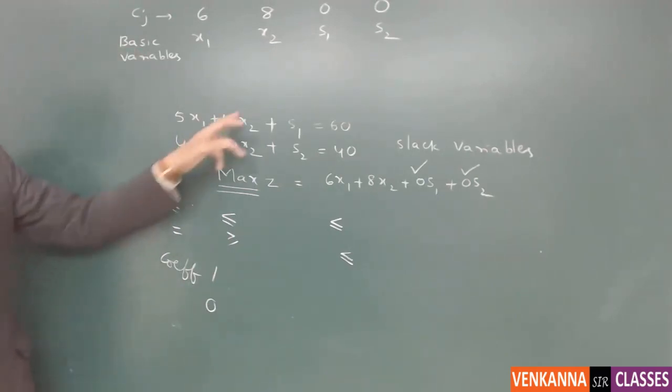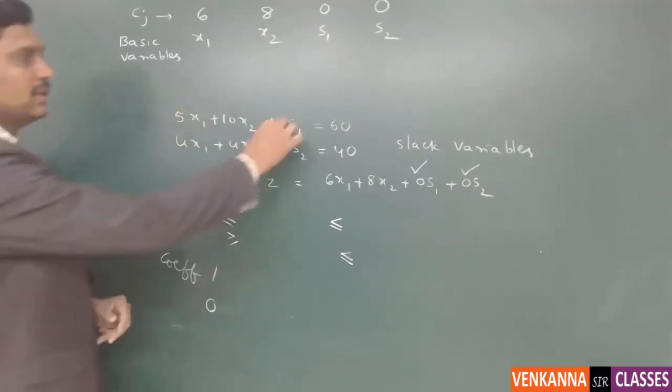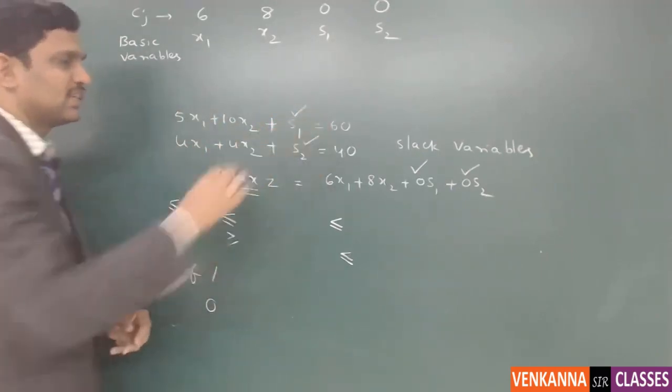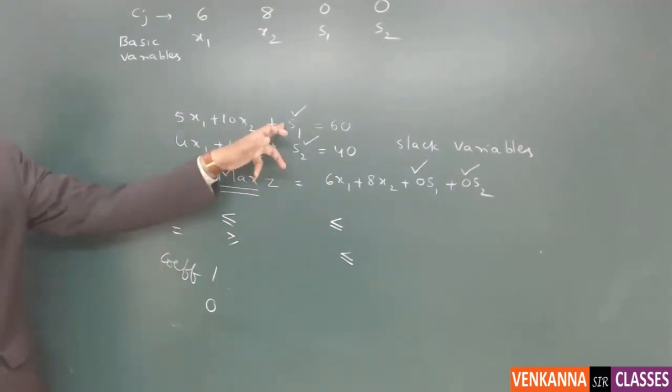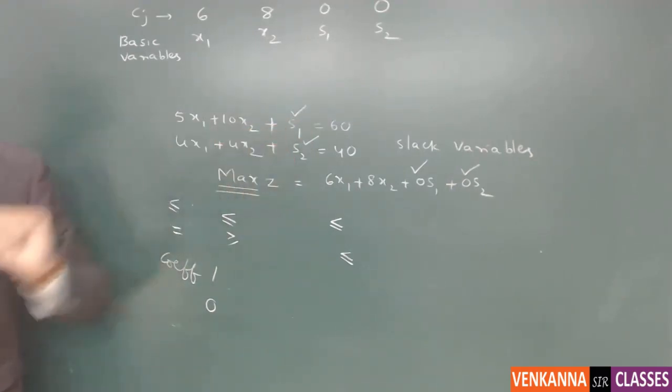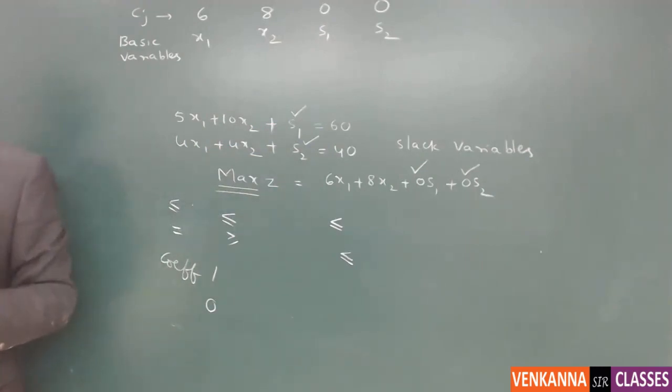So here, S1 and S2 are basic variables, because here S1 has coefficient 1, and here its coefficient is 0. Accepted? Yes or no?